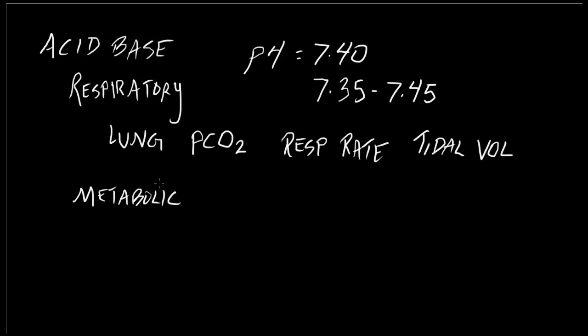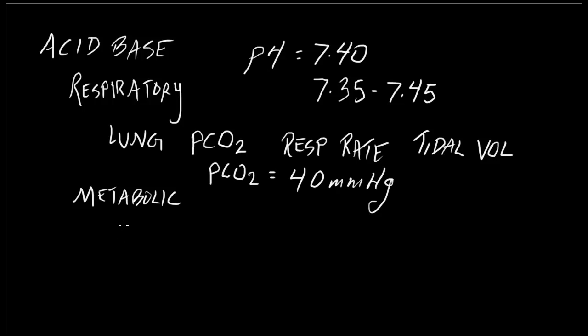One can change the PCO2. So with an increased respiratory rate or an increased tidal volume, PCO2 will go down because the lung is blowing off PCO2. The goal is to keep the PCO2 very close to 40 millimeters of mercury.